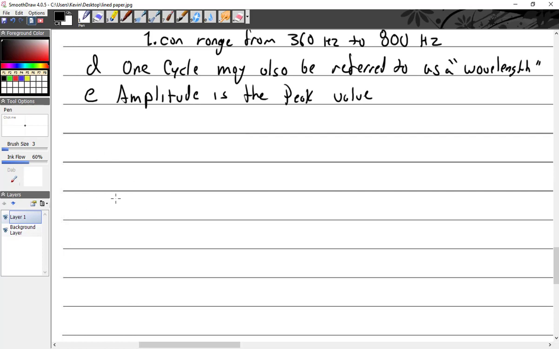So let's see, peak to peak, peak to peak, which I could abbreviate like that if we get into something like that. Peak to peak is the peak value times 2.